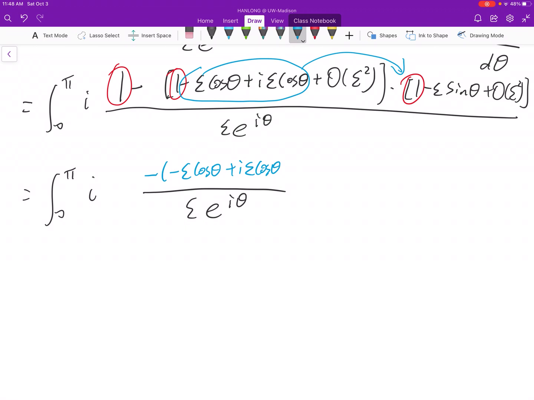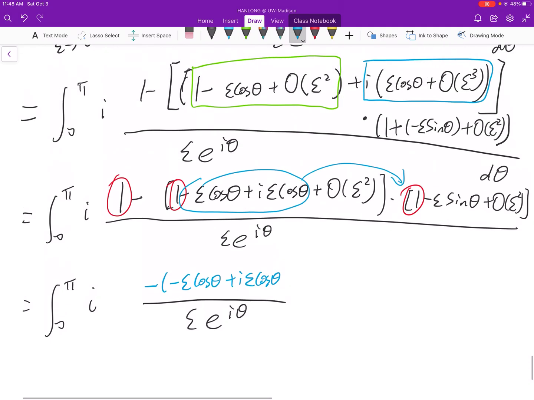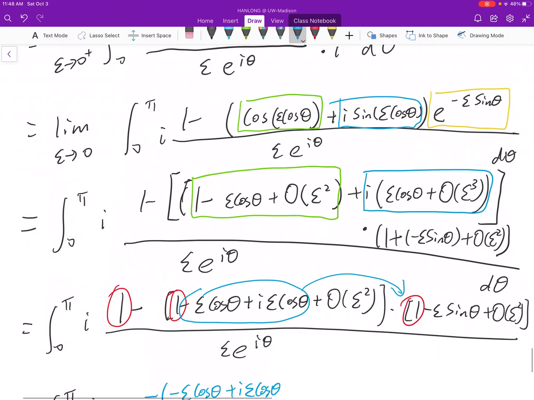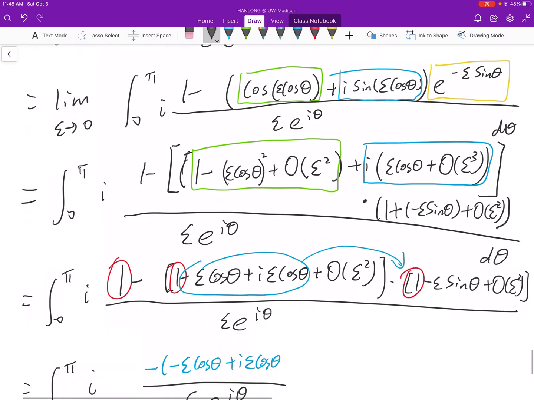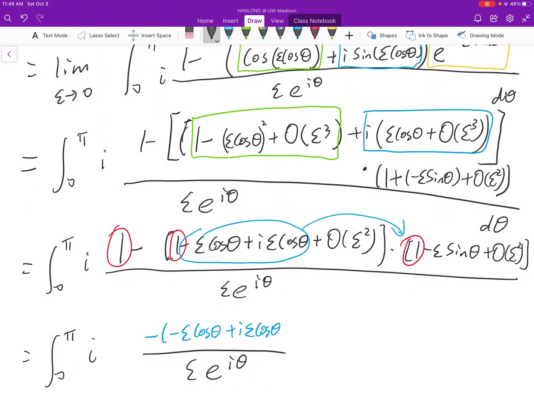Do I make a mistake? Oh, I see. Sorry, my bad. Here you have 1 minus epsilon cosine square. Okay, and then you have higher order terms.